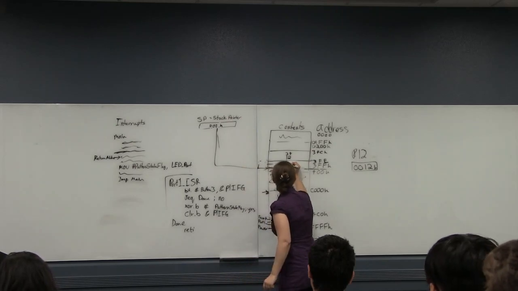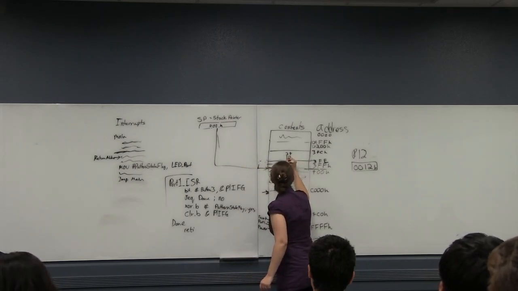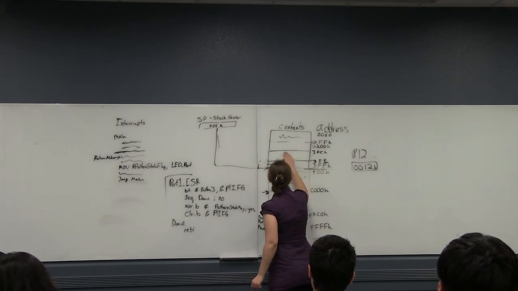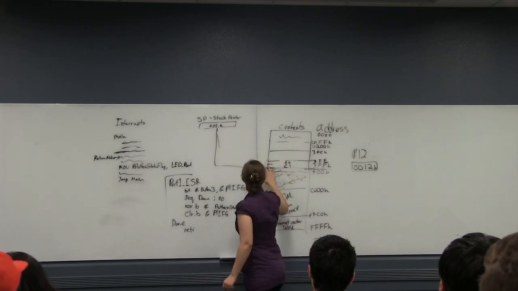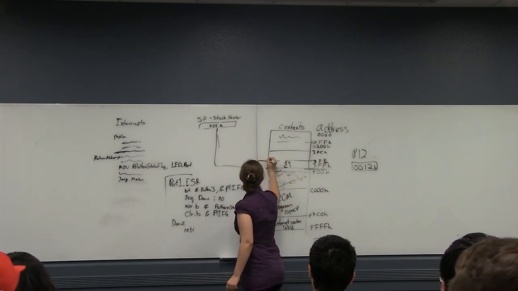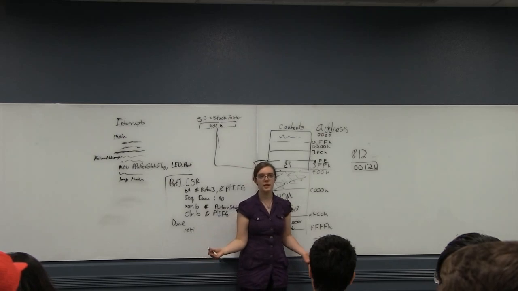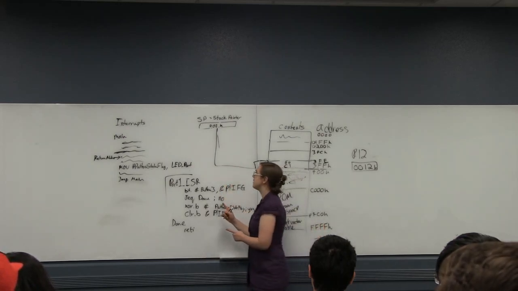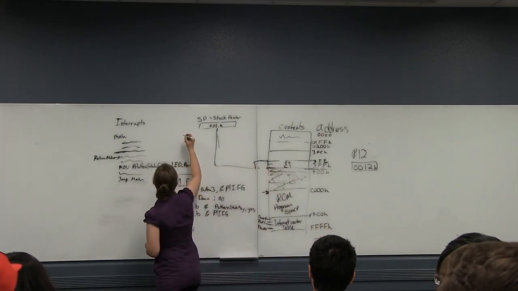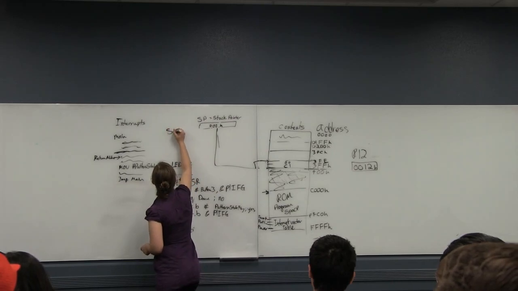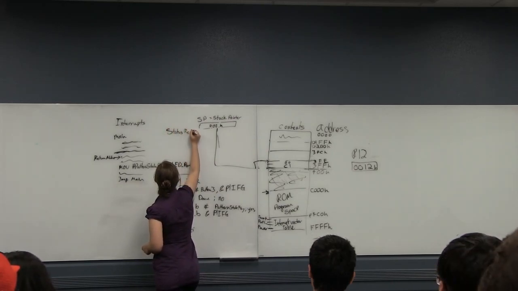Let's actually make it a different address. Let's make it that. So it saves this on the stack, like a subroutine. But it also saves another thing on the stack, which is the status register.